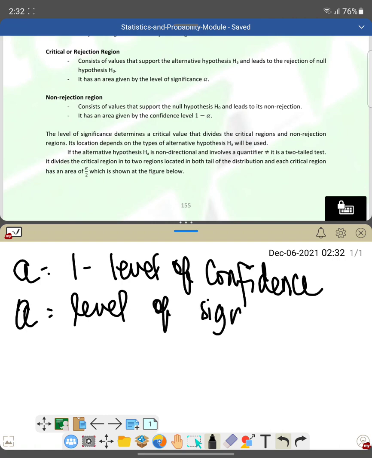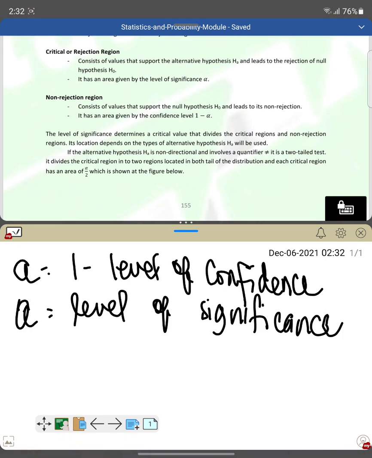Your alpha also determines your critical values. Later on we will see how that is possible. Now, let's continue.